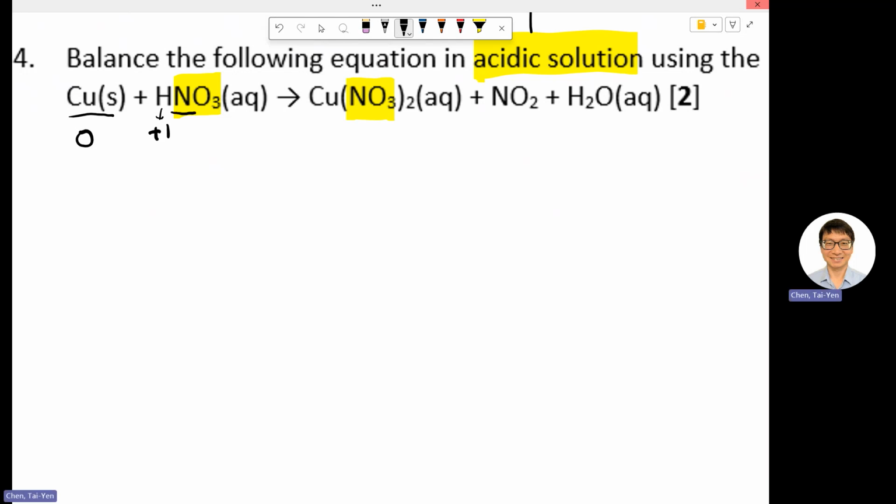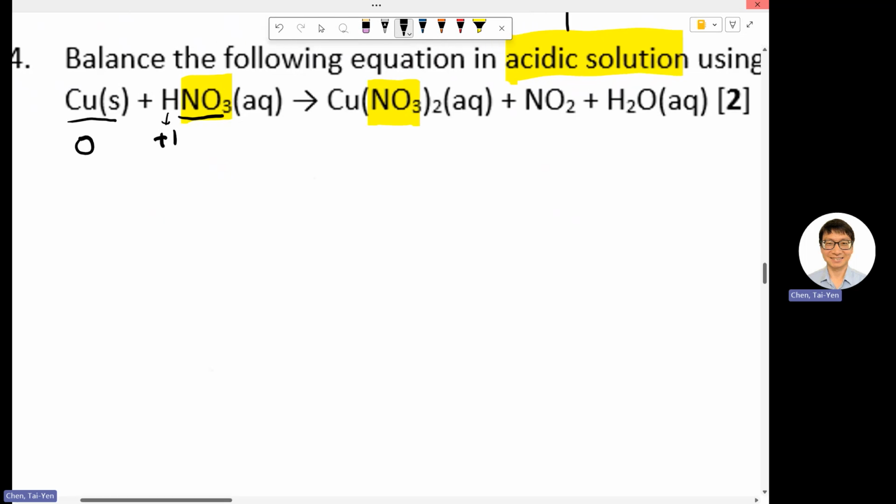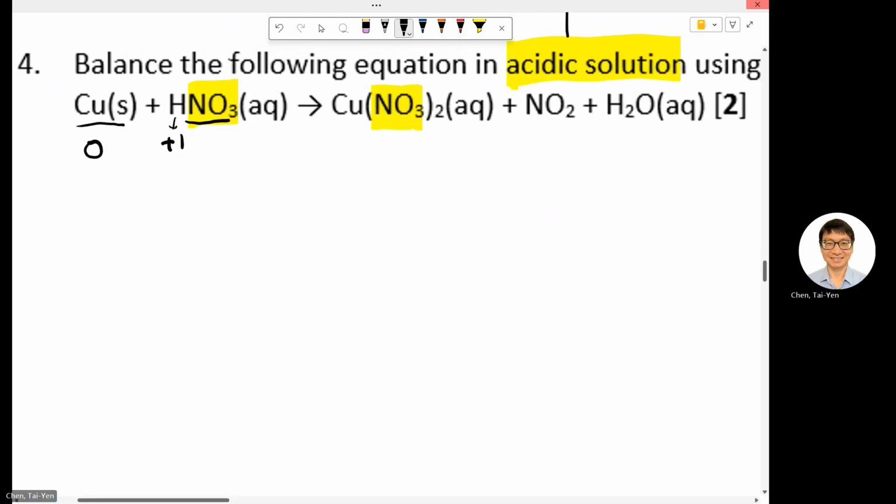And then you look at this NO3. This is a very interesting case because on your right-hand side, you only have two species. One is copper, one is your HNO3. That means to have a redox reaction, you must have one thing called oxidation, one thing called reduction. Since you only have two, this NO3, even though it's a complex anion, you will still need to analyze its oxidation number individually.